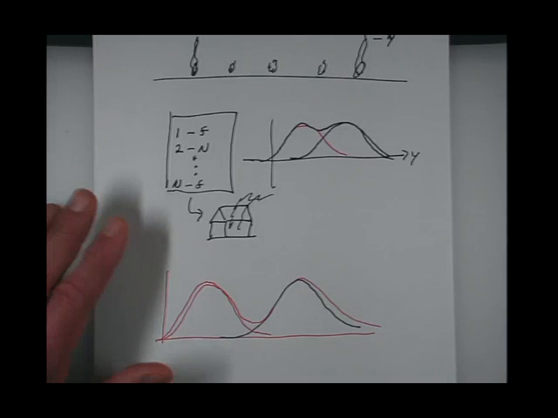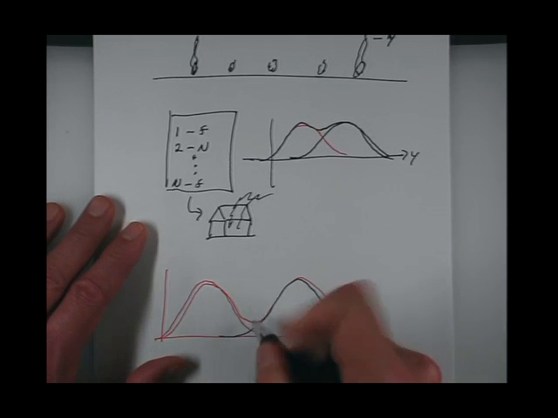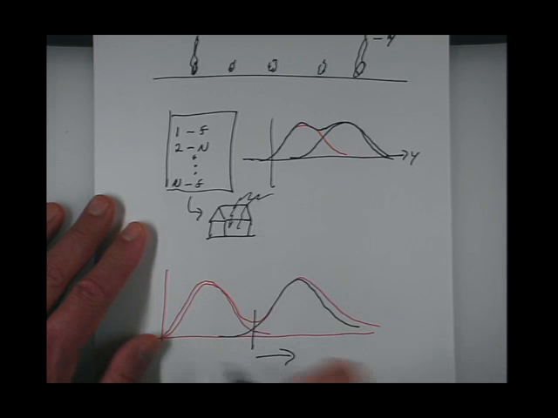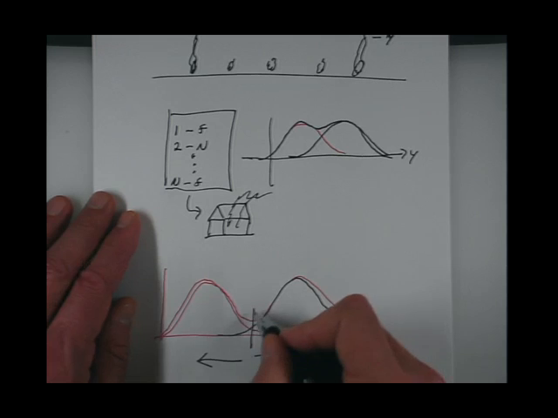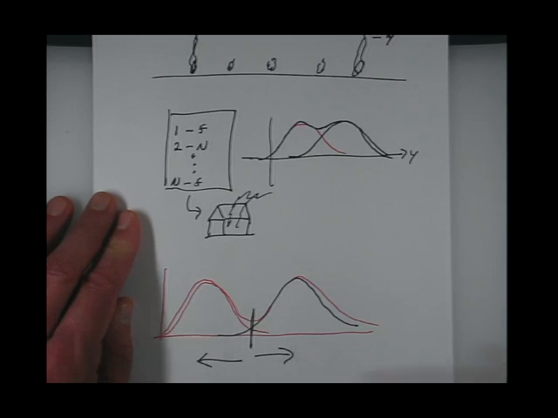What I'll do is I'll say the ones on the right have to be the fertilized, and the ones on the left have to be unfertilized, right? So I'll just put a threshold here, and anything above the threshold I'll say was fertilized, and anything below the threshold I'll say is unfertilized, okay?